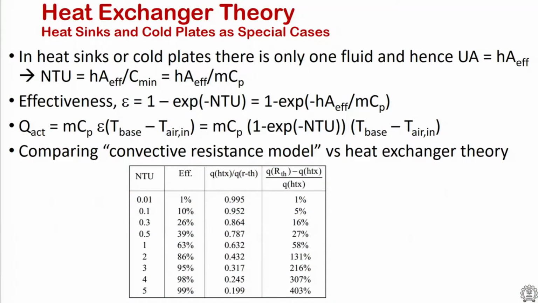There are many terms. If we just use the first two terms, then 1 minus of 1 minus x, this entire bracket will drop off, and all you will have is m Cp times NTU. That is, what this does is that one gets m Cp times NTU, which is nothing but HA effective divided by m Cp.